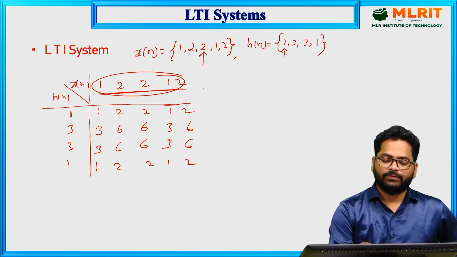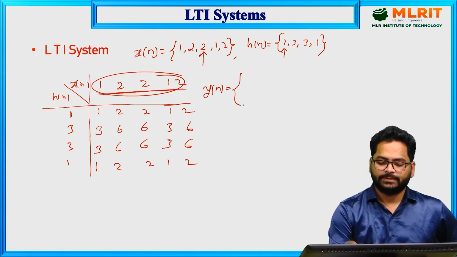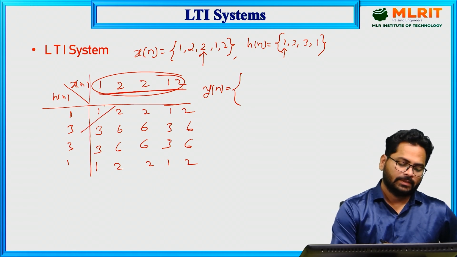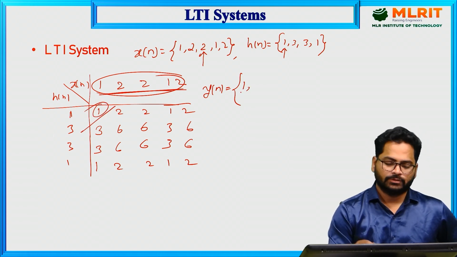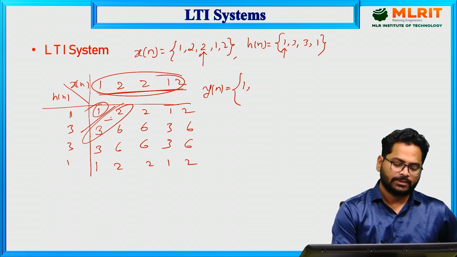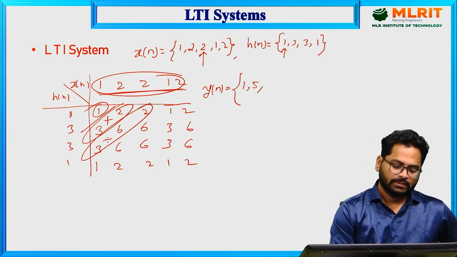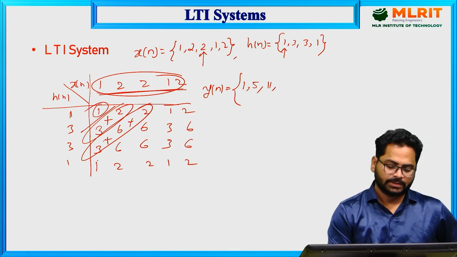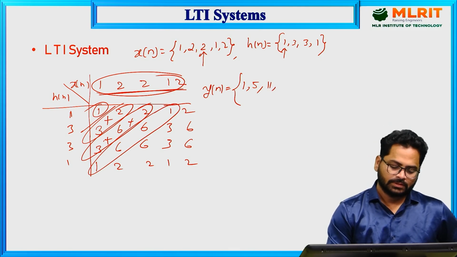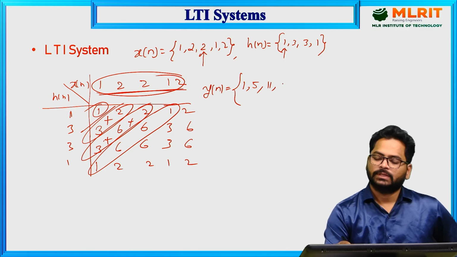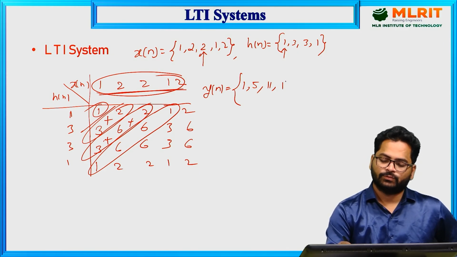Now for my y of n, I can write the first diagonal element, which has only 1, so the value is 1. Second diagonal element 3 plus 2, that means the value is 5. Third diagonal is 2 plus 6 plus 3, that is 11. Next, this value is 12 plus 14.